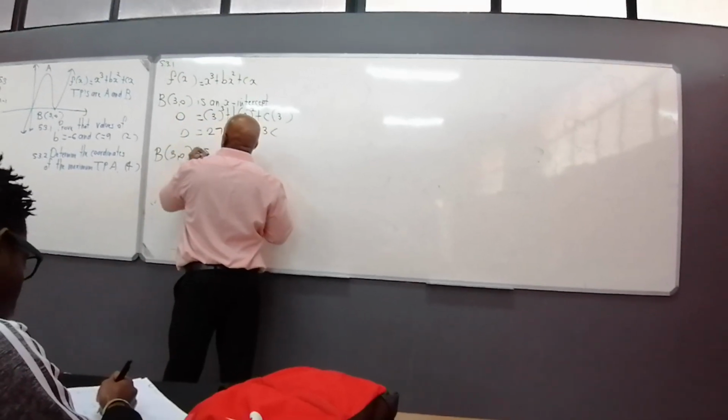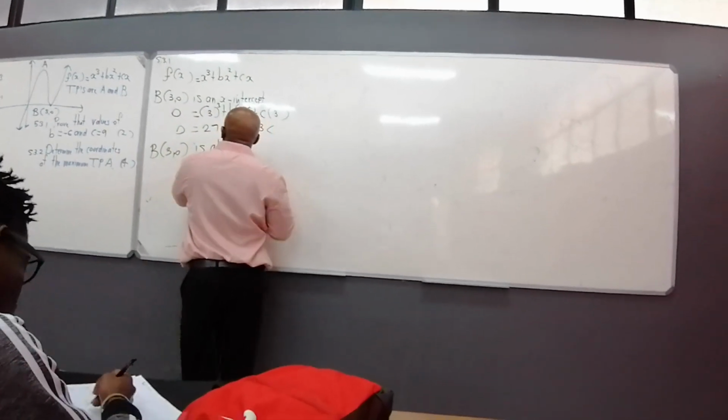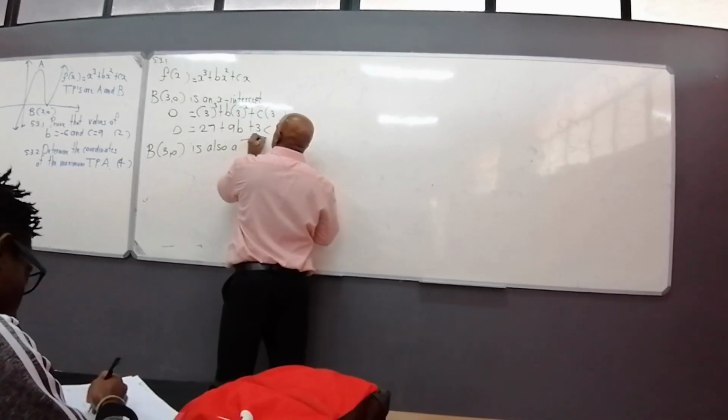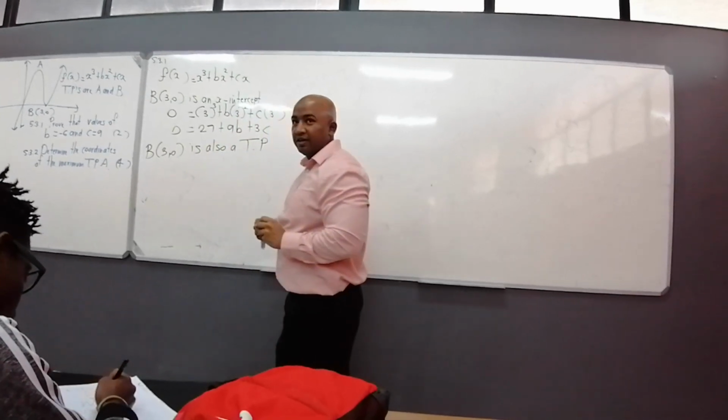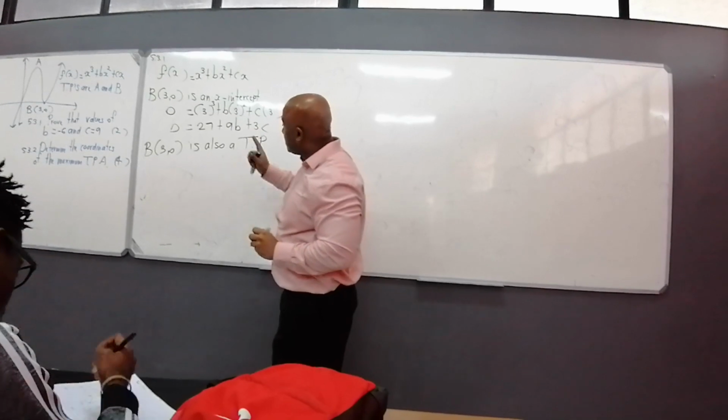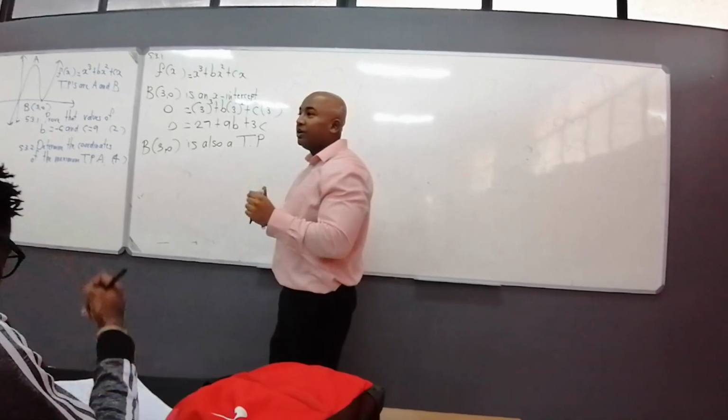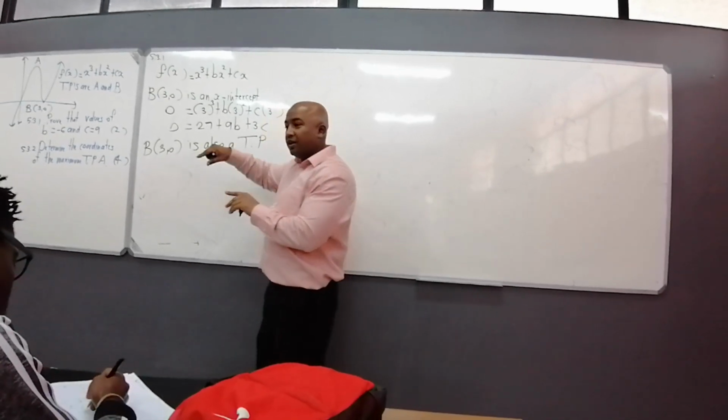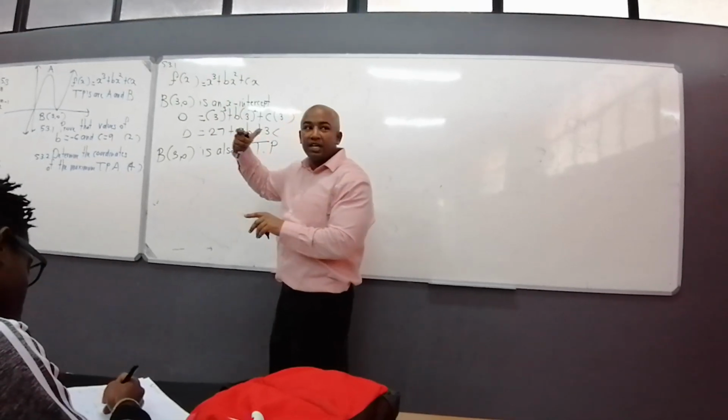(3, 0) is also a turning point. Now what do we know about our theory on cubic graphs, turning points?